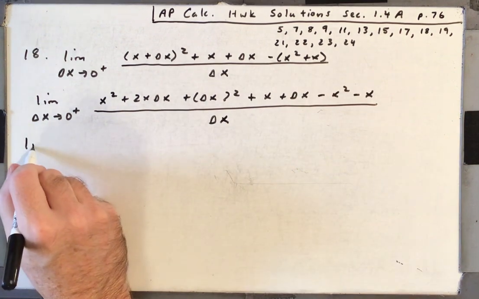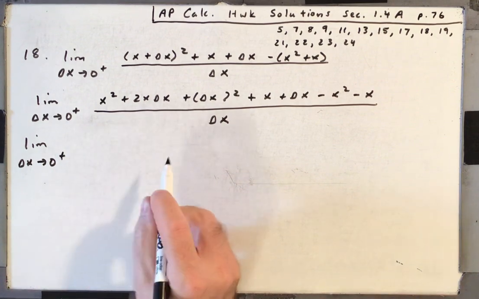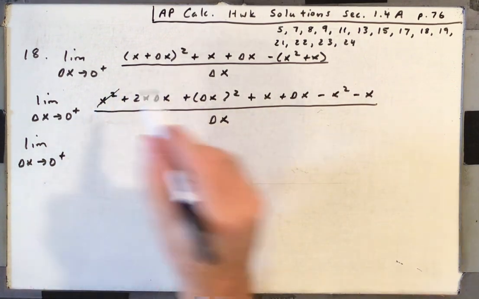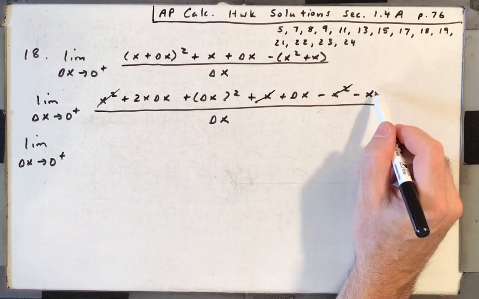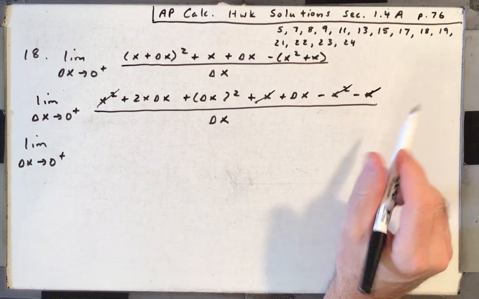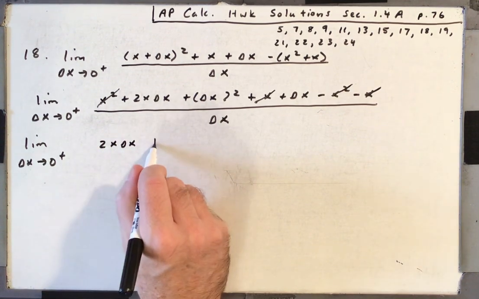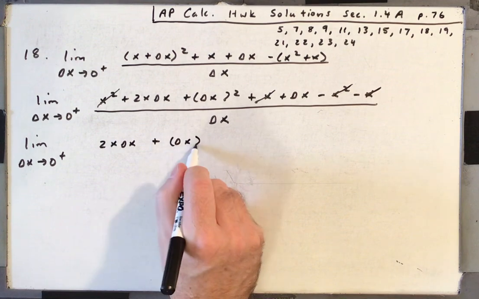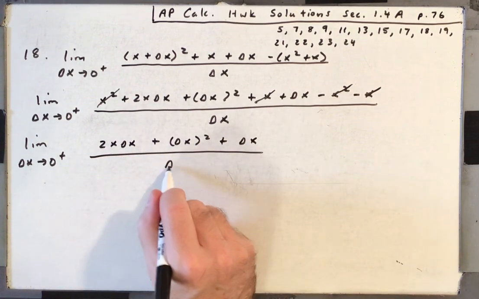Now let's clean all this up. The x squared and the negative x squared cancel. I've got an x and a negative x that cancels. So all that's left is 2x delta x plus delta x all squared plus delta x over delta x.